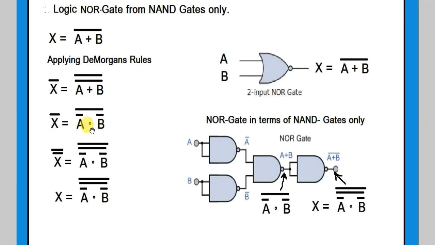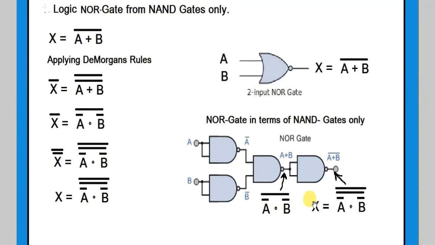Again we apply the second complement, and what we get over here, the two complements along with the complemented variables. So we get A complement with one NAND gate as a NOT gate. This is the B complement. We feed these two, we get A complement dot B complement of the first complement, whole complement.